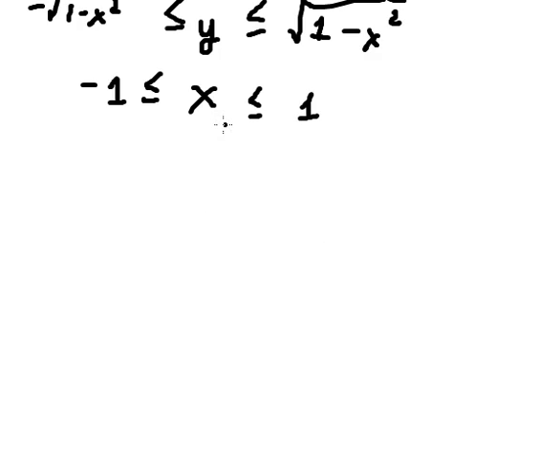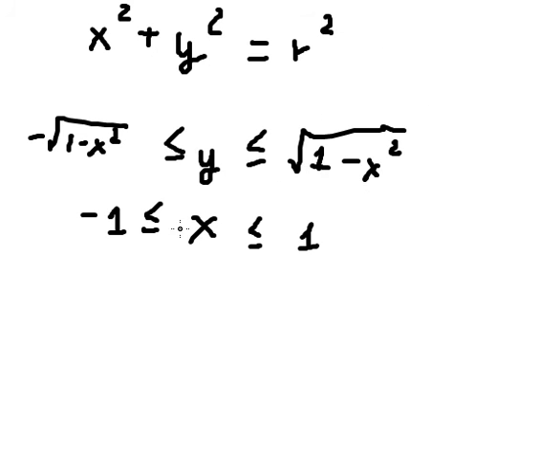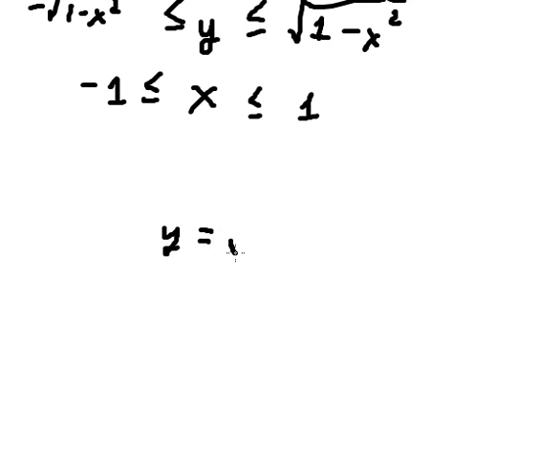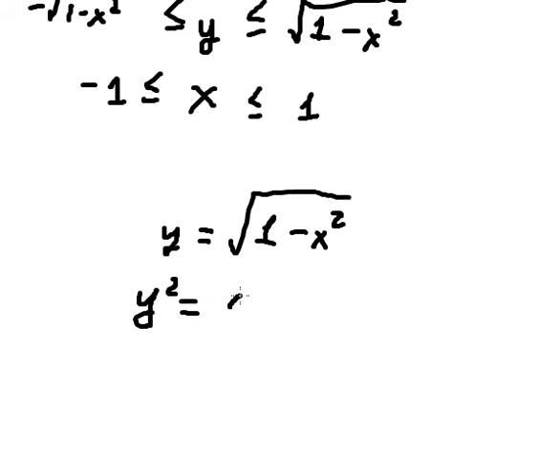Now we need to consider this one. So we put the power of 2 on both sides and we have this. So I will move this one to the left.